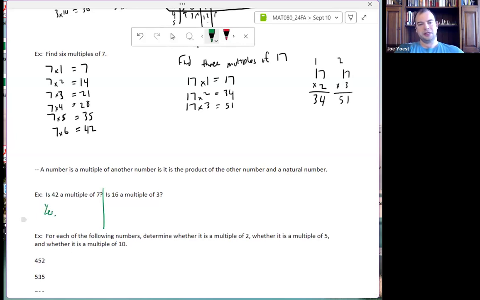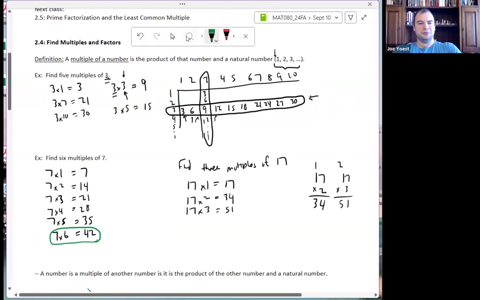I do see it in my list of multiples, so it's definitely a multiple of 7. 7 times 6 equals 42. A number, say 42, is a multiple of another number, 7, if it's the product of 7 and a natural number. 7 times 6 is 42, so yes.